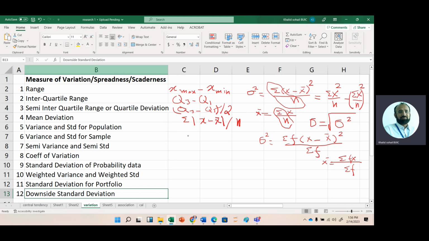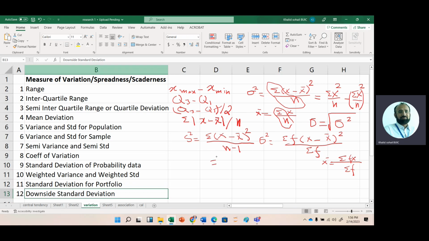Now for sample data, we denote variance like this: summation (x minus x bar) square. The numerator is the same as in the formula we used for population data, but here it is divided by n minus 1. It accounts for degrees of freedom.